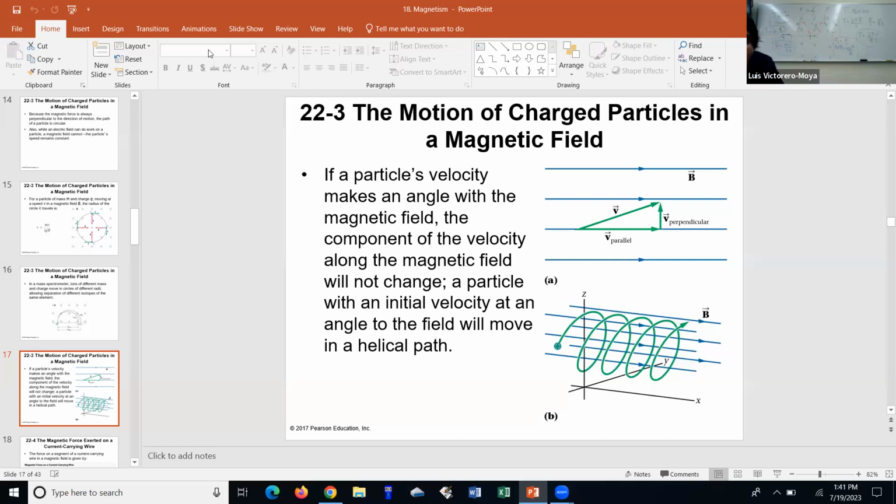Because the parallel component is not affected by the field, the particle will still move. But think about it. If there is no magnetic force acting due to the parallel component, then there is no acceleration. If there is no acceleration, then the particle moves horizontally at a constant rate.